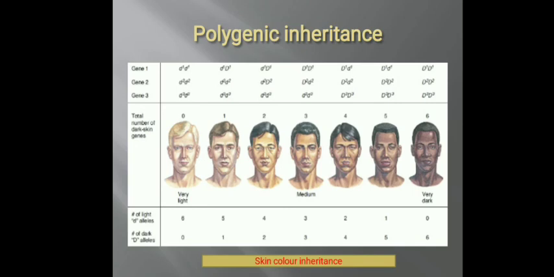The different shades of skin color that we can see are because skin color is controlled by more than one gene, about three genes. So this is an example of inheritance where one character is controlled by three genes. So these are some of the exceptions to Mendel's law that we have discussed.